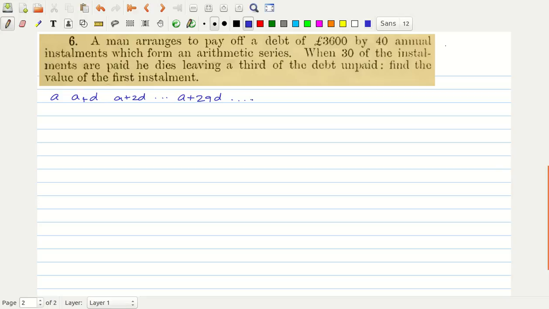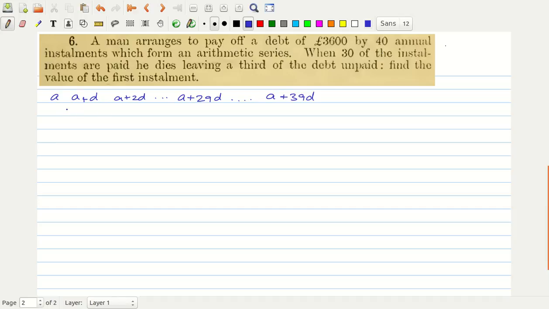So his plan was to pay these sums, right? Now it is given that the sum of these sums should be equal to 3600 pounds, because this is the complete value of the loan. So what is n? n is 40.